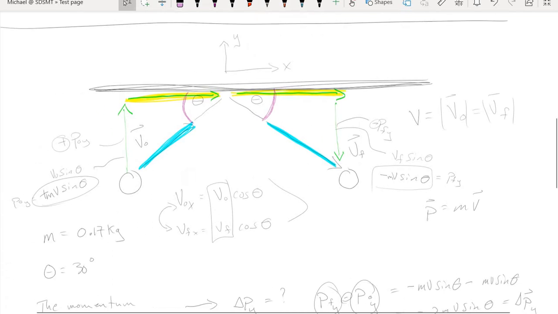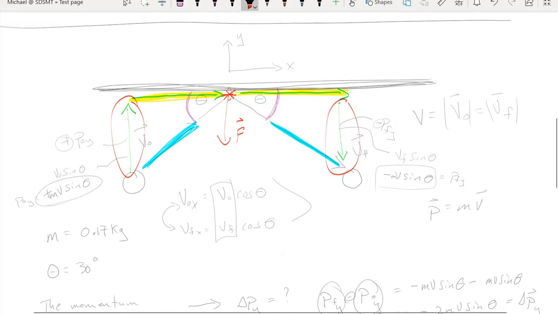Our billiard ball started by having a y velocity that was carrying it towards the wall, but then during the collision, the wall pushed the ball away, and that is how the ball was able to reverse its momentum along the y direction.